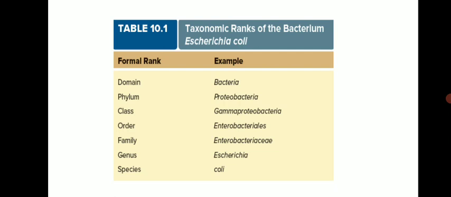So this is how bacteria are classified and put in the correct taxonomic hierarchy, and this is the detailed taxonomic rank of the bacterium Escherichia coli.